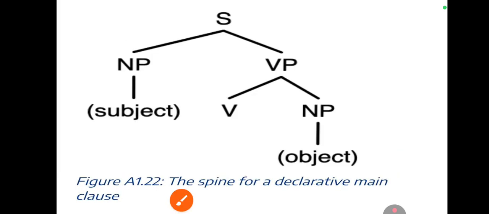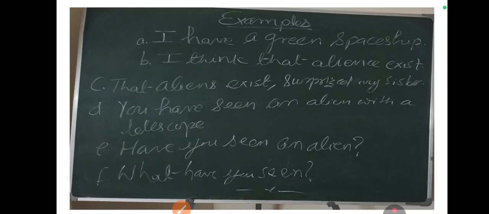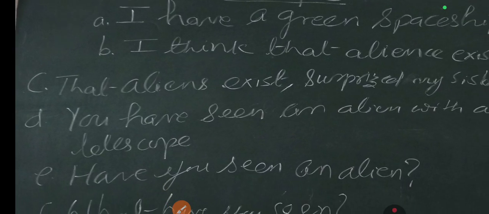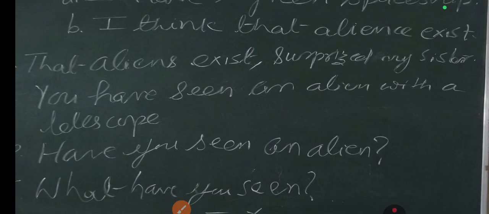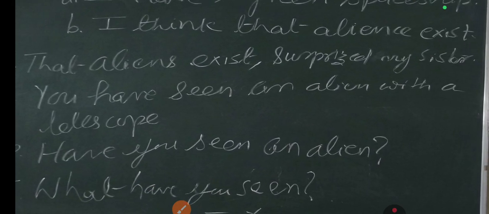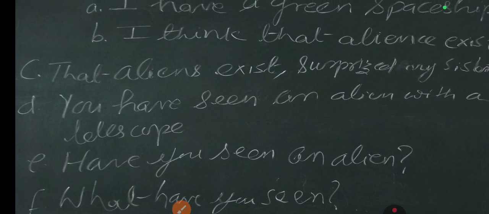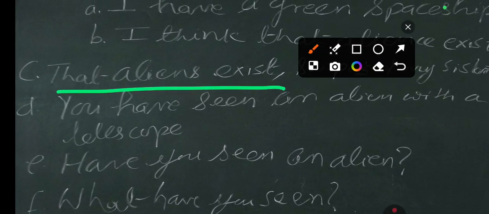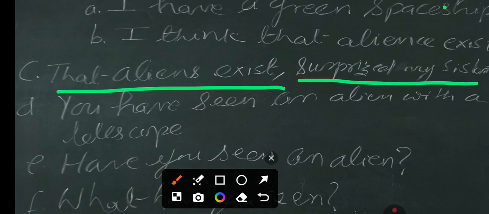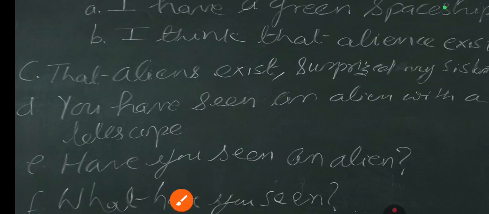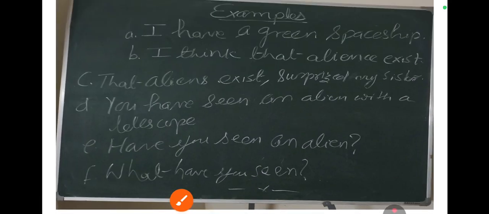Now moving to the next, the third one. This is the third sentence: that aliens exist surprise my sister. How to analyze such a sentence? Let us see.